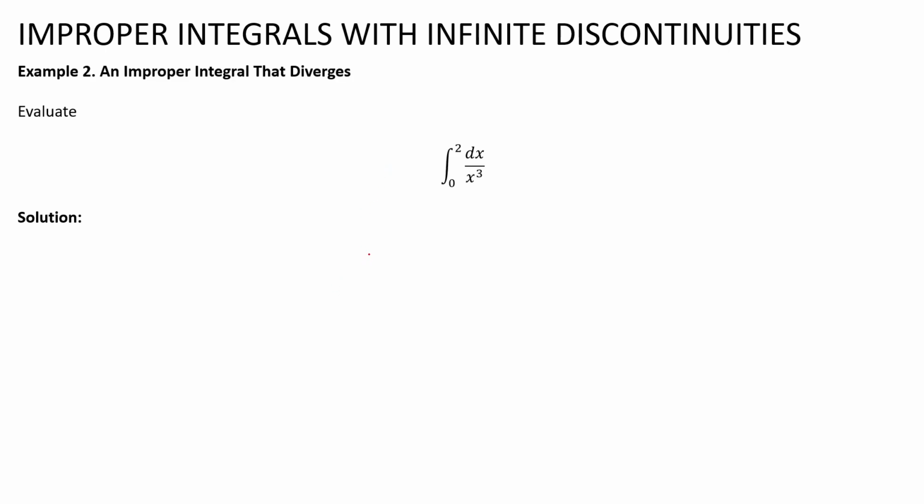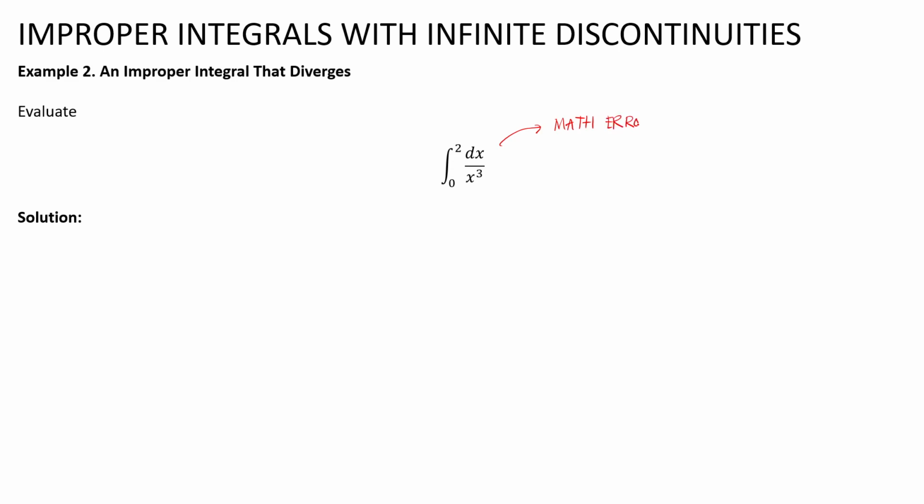So let's go to another example. Again, if you try to plug this one in your calculator, that will be 1 over x cubed, from 0 to 2. Again, the resulting answer for this one is math error if you use your calculator.